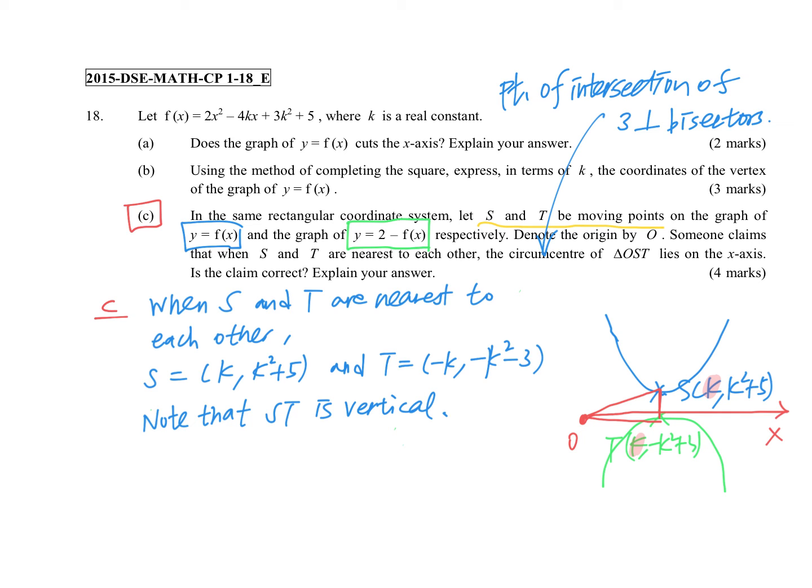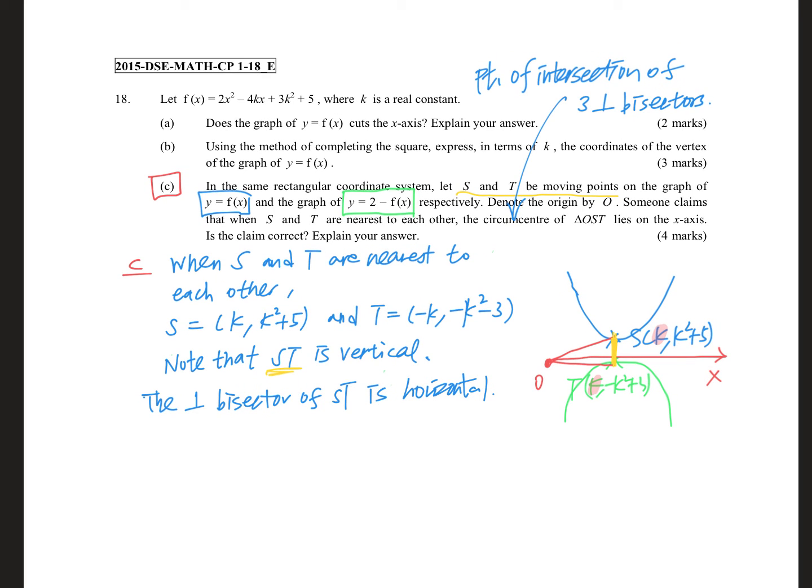If ST is vertical, ST refers to this line, so the corresponding perpendicular bisector would be a horizontal line. In that case, we just try to look at the y coordinate of the circumcenter.